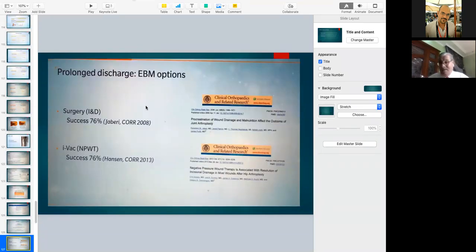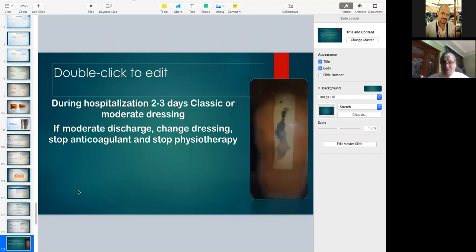As I said, evidence-based medicine: one of the studies compared using VAC with surgery. Both had a success rate of 76% in reducing the risk of infection. So it compares VAC to the DAIR. This is one of the studies.